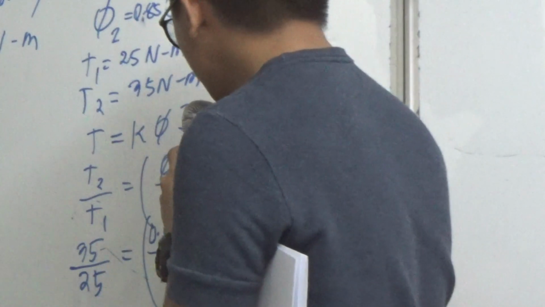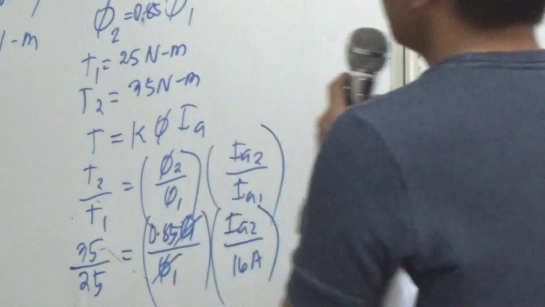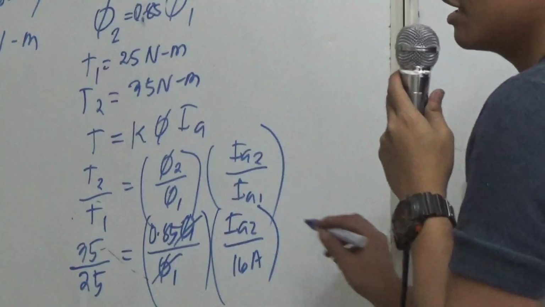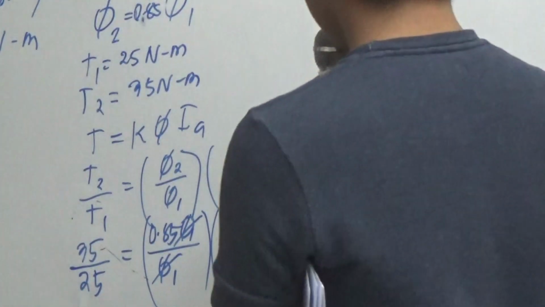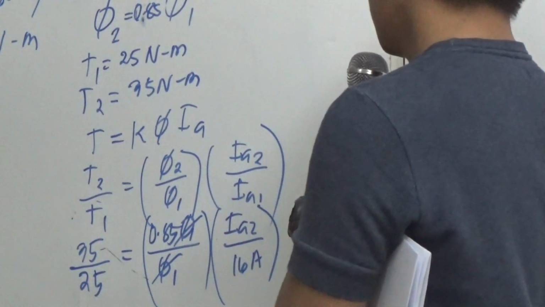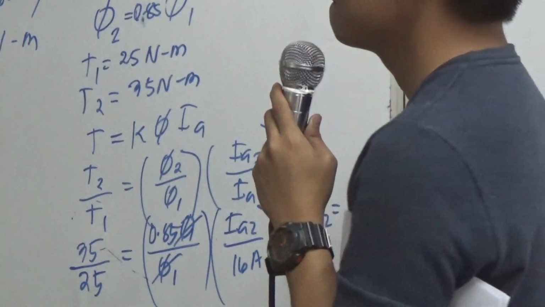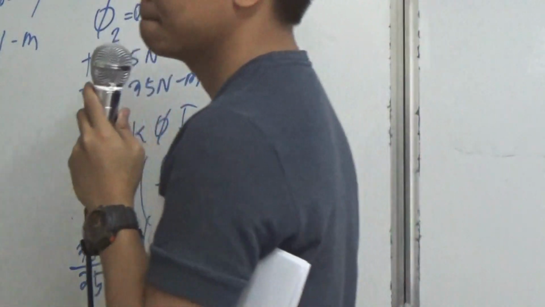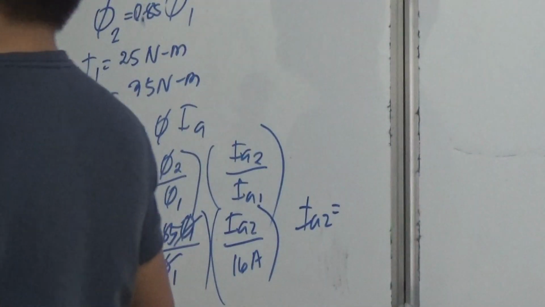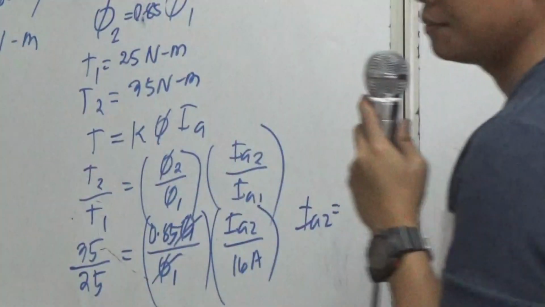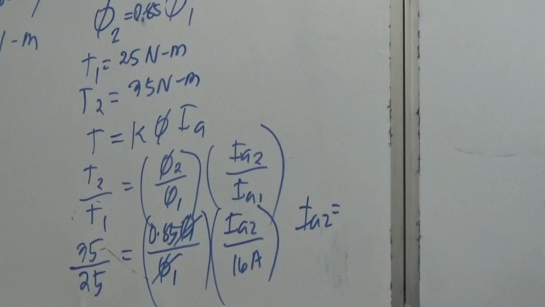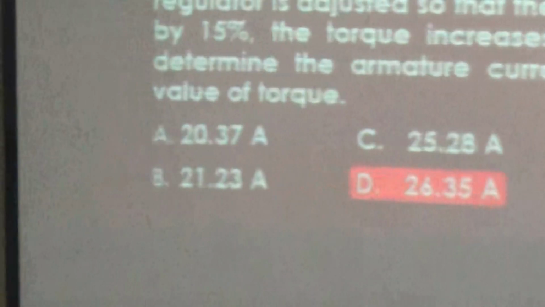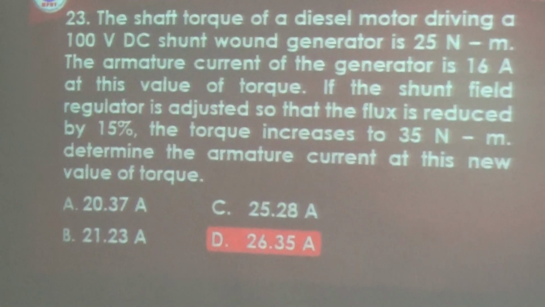So, cancellation na lang ng flux 1. Shift solve na lang natin para makuha si IA2. Ano yung value ng IA2 natin? 26.35. Letter D.